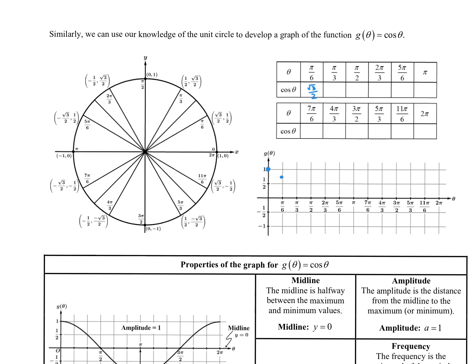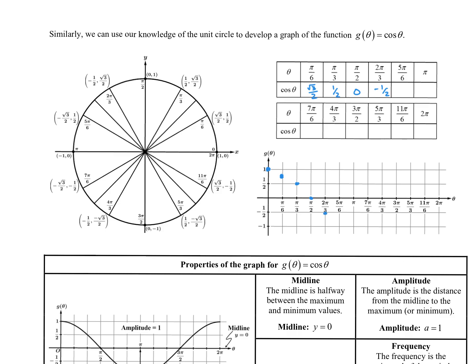And then at pi over 3, what's the cosine at pi over 3? 1/2. And then what's the cosine at pi over 2? 0. Why is it 0? It doesn't move left or right. It just goes up. It doesn't move left or right. Beautiful. All right, and then at 2 pi over 3, what do we got? Negative 1/2. Why is it negative? It moved left. Very nice.